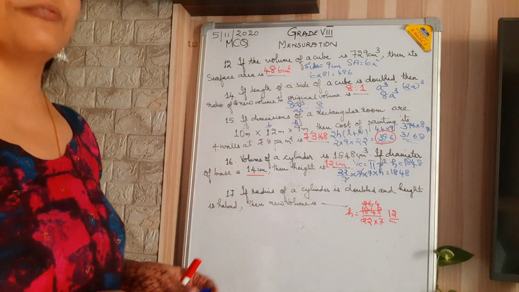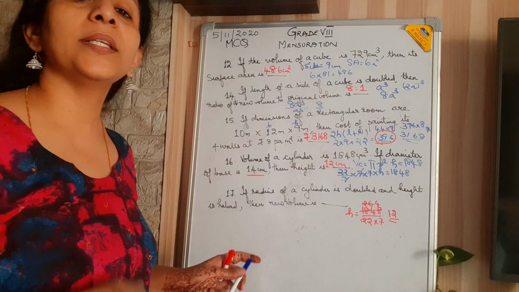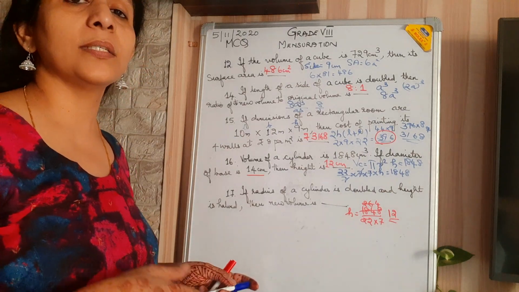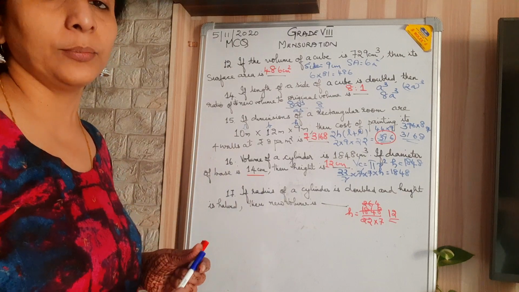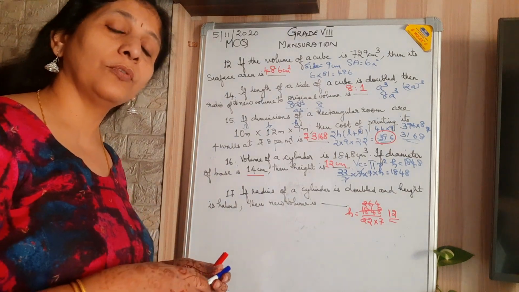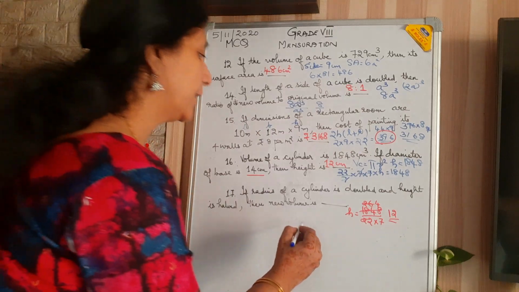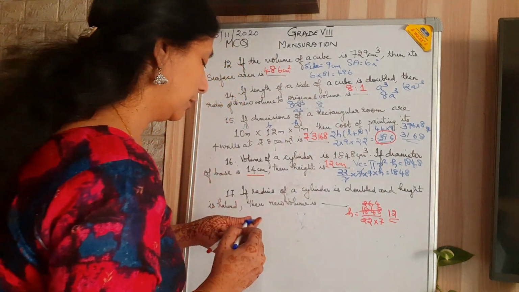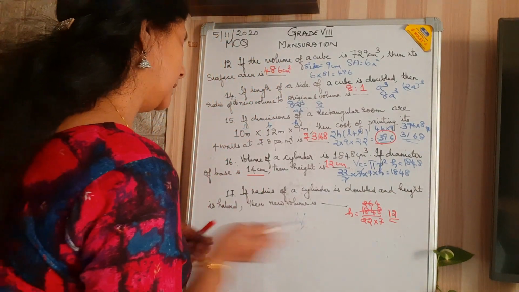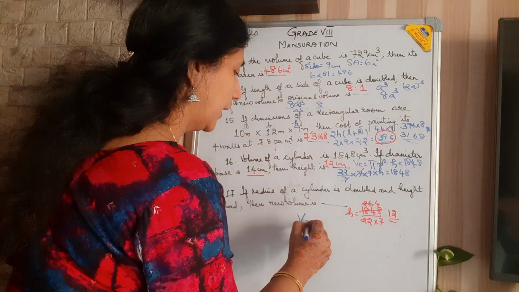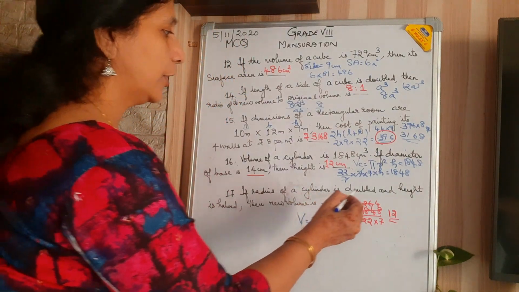Same way, if height is halved or height is doubled for a cylinder, radius is doubled, so what is its new volume or what is the ratio of the new volume to its old volume, everything. So here, volume of a cylinder. What is the volume of a cylinder? Volume of cylinder you are getting as formula is pi r square h.